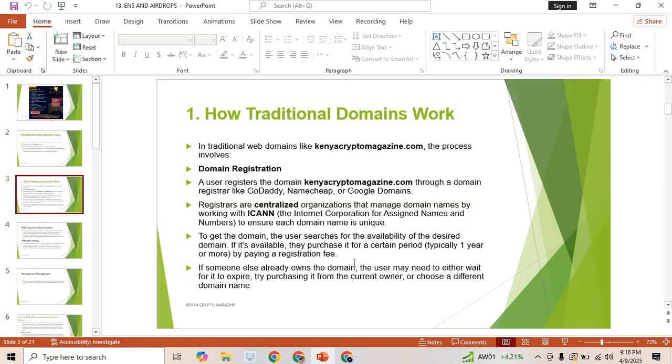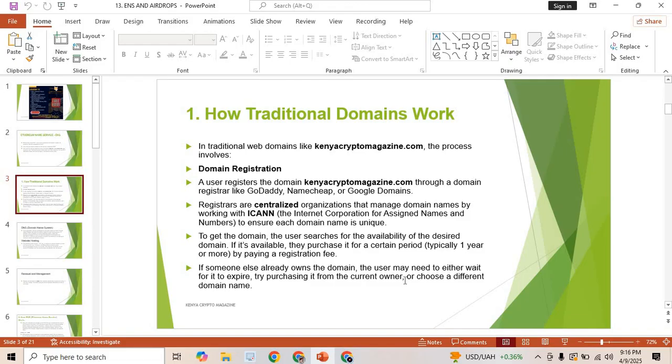So if my 1 year lapses, and I have not renewed my subscription, then that domain name will be sent back into the centralized organization, and someone else can actually take that name. So I need to renew that domain name yearly, every year. So if someone else already owns the domain, the user may need to either wait for it to expire or purchase it from the current owner.